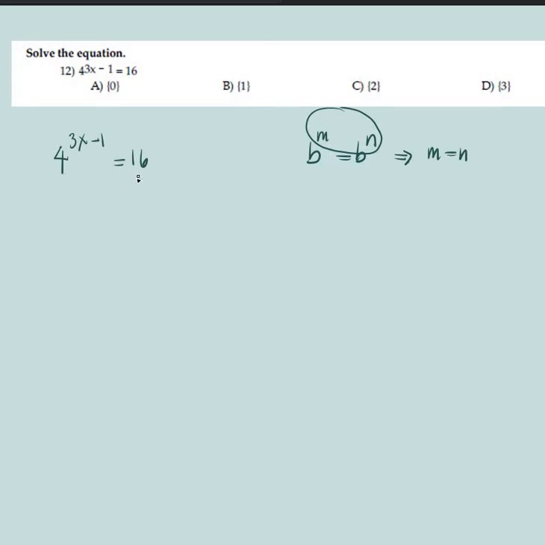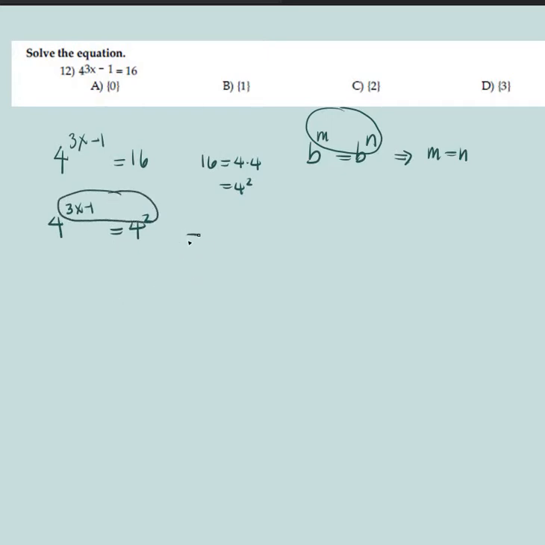Unfortunately, 16 is not the same as 4, but we know that 16 is equal to 4 times 4, which is equal to 4 squared. And this is what we want. We want this 4 to the 3x minus 1 to be equal to 4 squared. And now that the bases are the same, we can equate the exponents.